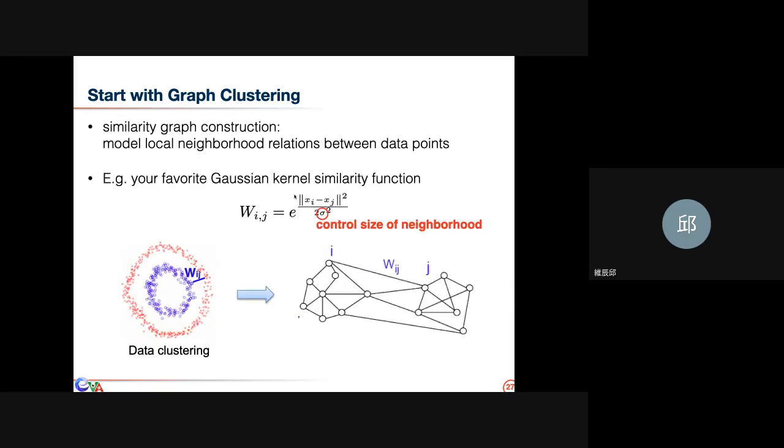If you use this similarity function, which is related to a Gaussian kernel, then no matter how far apart xi and xj are, when you compute their similarity there will always be a positive value.